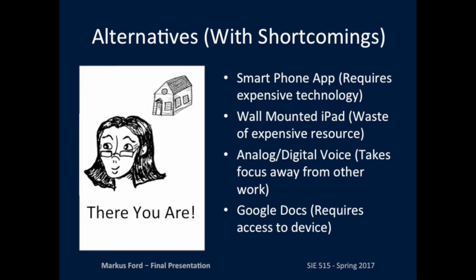But that's going to require an expensive piece of technology. It's going to be expensive either for the user or for the organization if you're trying to outfit a number of people. And really, you're going to have to have that piece of technology with you if you're going to be able to communicate. And if somebody has a damaged smartphone or they forgot theirs at home that day, it's really going to make them a much less effective member of the team.